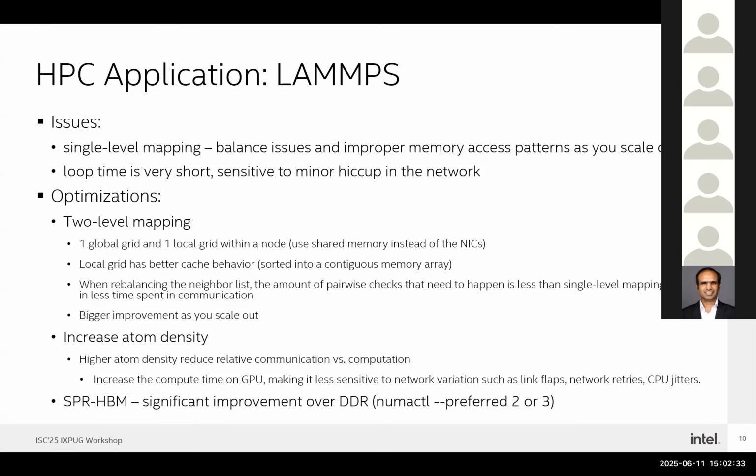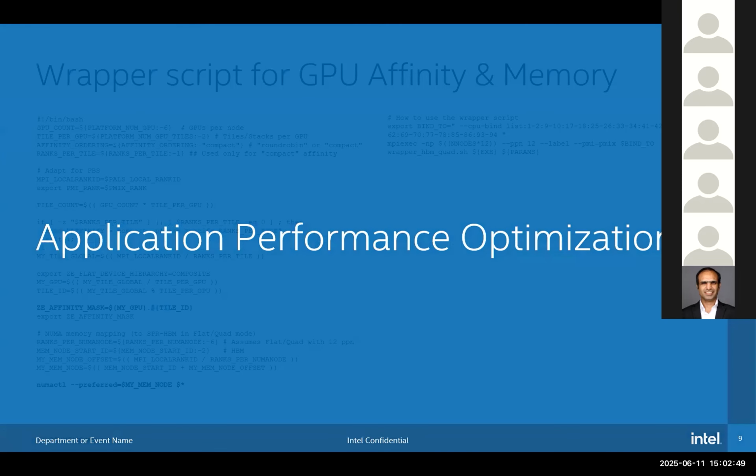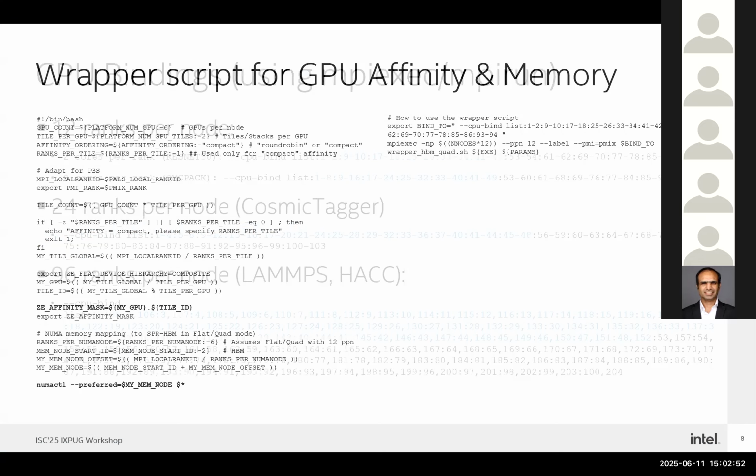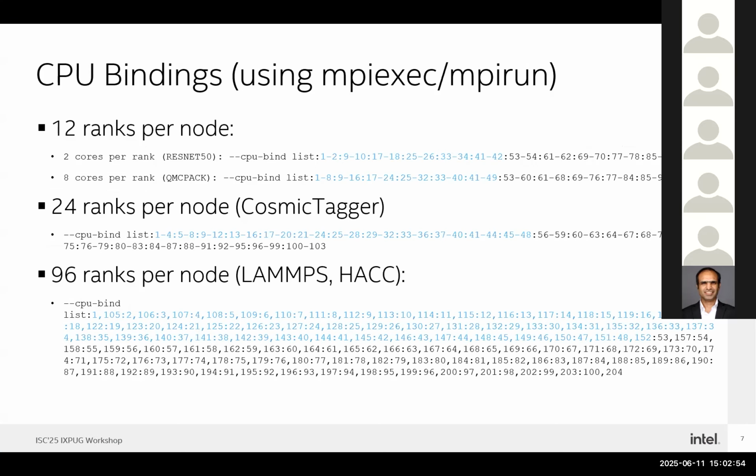So now this part is more of the original intent of the talk: how do we scale applications? And I say go back here, right? So for the CPU binding, for something like Retina 50, we use 12 ranks per node. For Cosmic Tiger, we run 2 ranks per tile, 24 ranks per node, mainly because Cosmic Tiger doesn't scale, doesn't use all the available compute on a GPU.